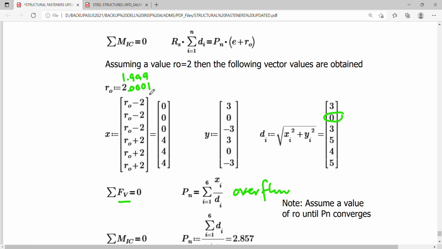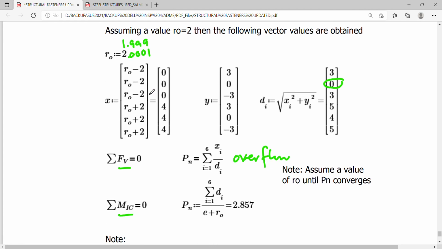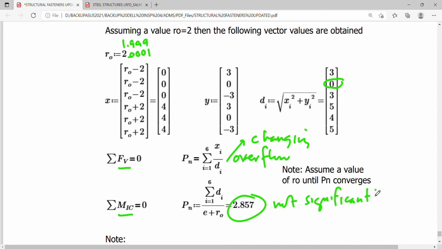Such that if you change the value slightly with this very small increment, and you find out that the value of this is changing while the value of this does not significantly change, then convergence is said to be happening.